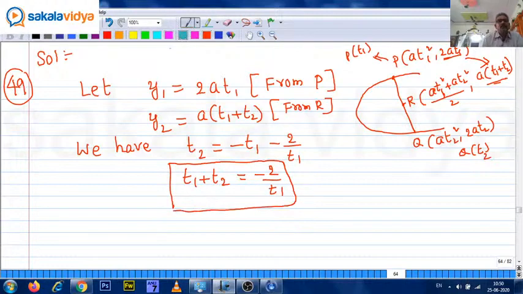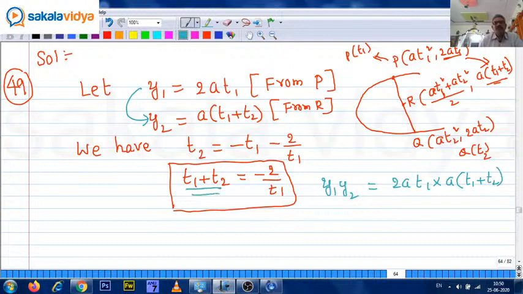So now we need to find out the product of these two. y1 multiplied by y2 equals 2a t1 multiplied by a times t1 plus t2. Instead of t1 plus t2, substitute this value. That is 2a square times t1 multiplied by minus 2 upon t1. T1 gets cancelled.